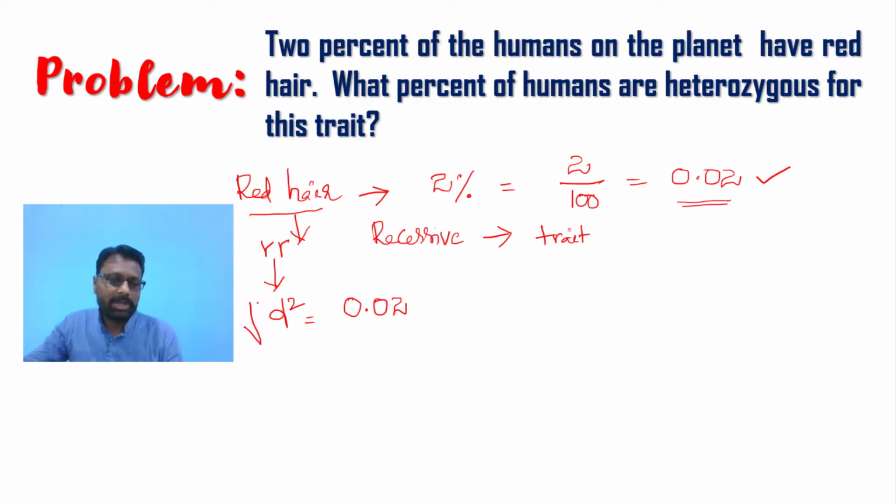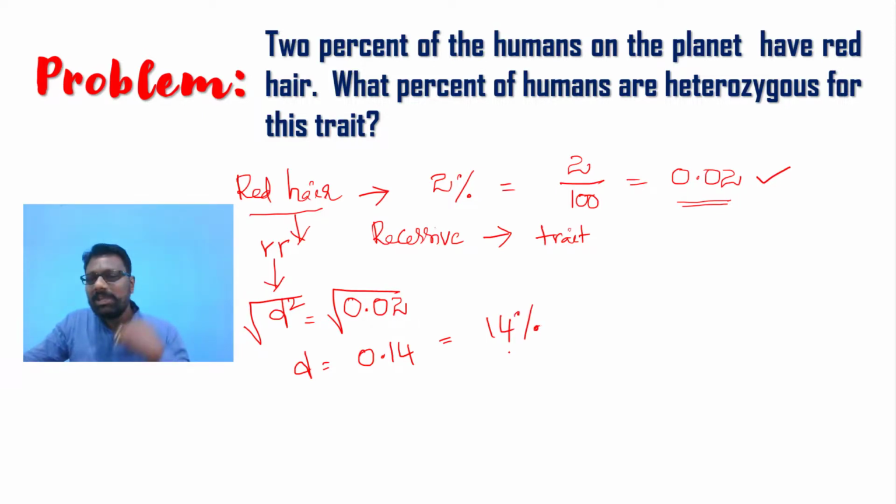To get the q value, you take the square root of this, which gives you a q value of 0.14. You can also convert this into a percentage: 14%.